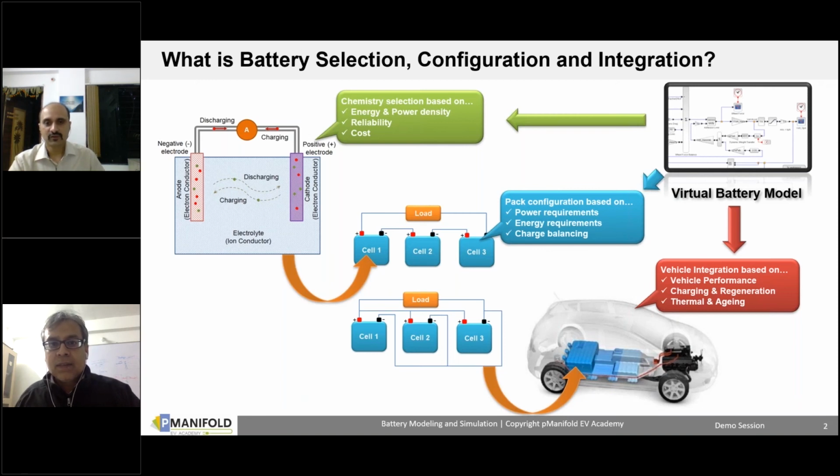Right. The performance of the battery is affected by various parameters. It gets affected by the temperature it is running at, and by the ambient temperature. It gets affected by what kind of energy and power you are drawing from it, and for what duration, and so on.